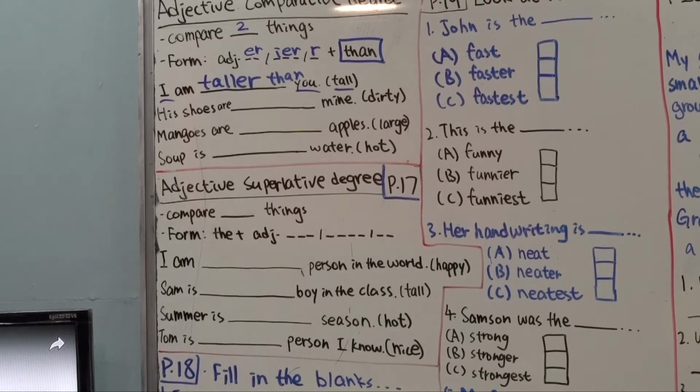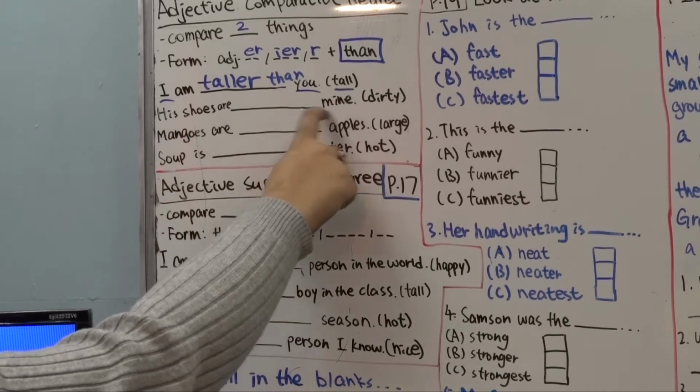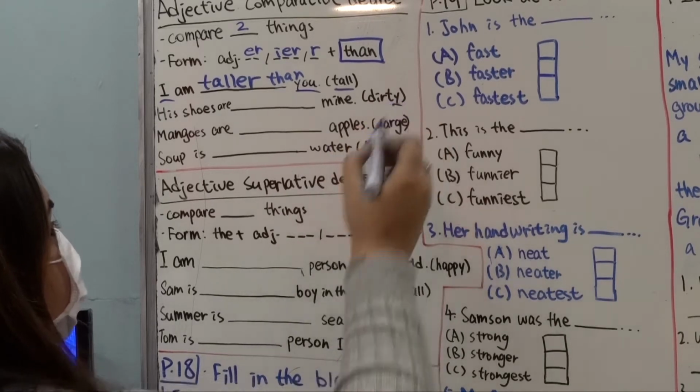Okay, number 2. His shoes or what? Mine. Okay. So there are two things, right? His shoes and mine. Mine means my shoes. So two kinds of things, right? So we use comparative. And this adjective ends with the letter Y, right? If the adjective ends with letter Y, what do we have to do?